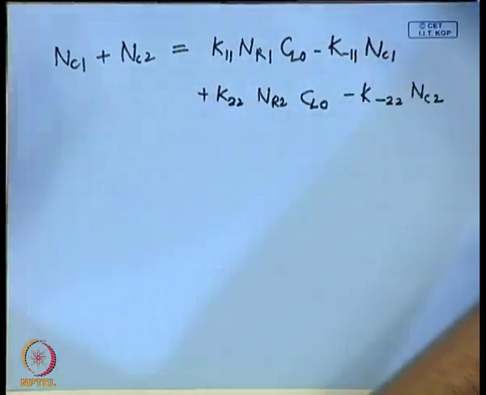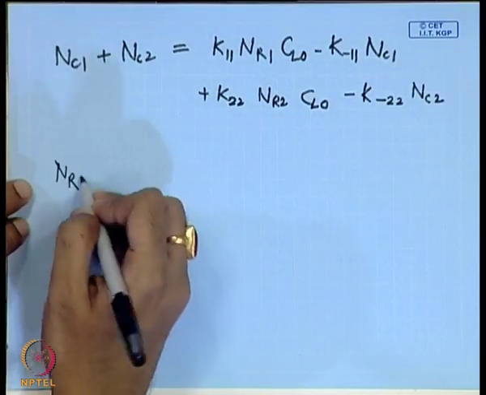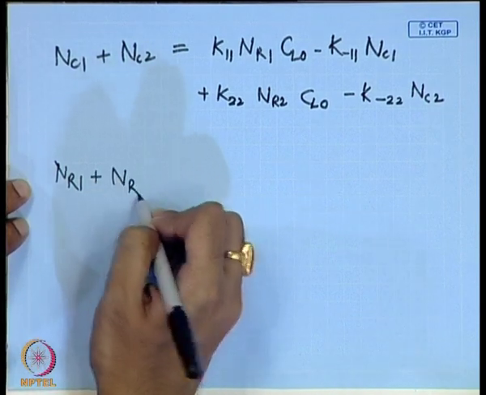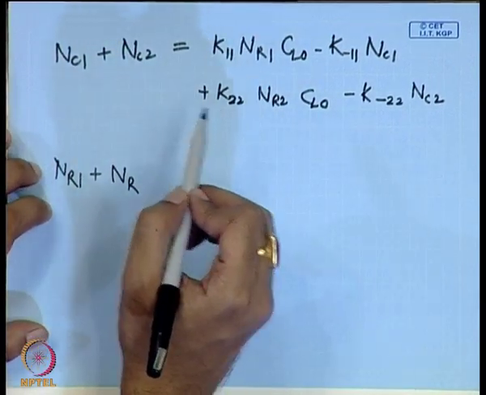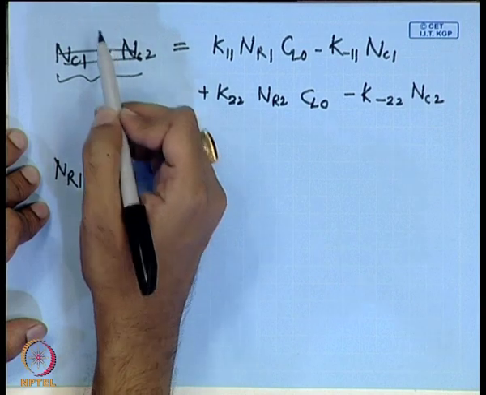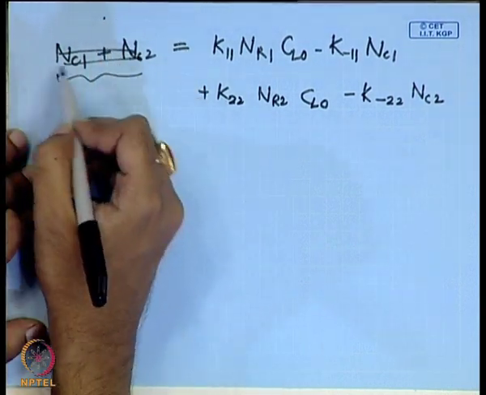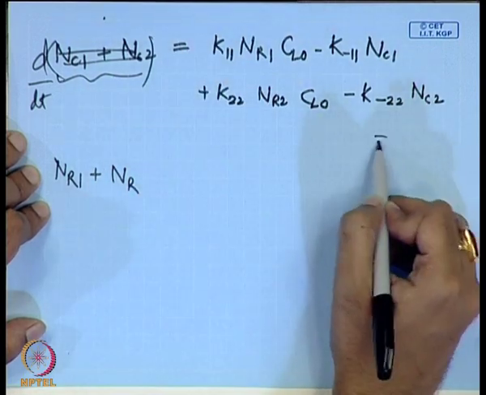Okay. And for NR1 and NR2, we are basically adding these two equations. This is d/dt of this, and at steady state this equals 0.